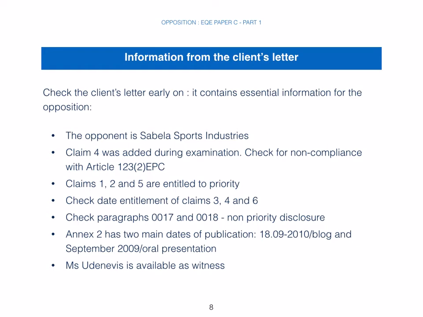We know also that paragraphs 17 and 18 are non-priority disclosures, and we know that, turning over in the client's letter, Annex 2 is a blog on the internet, and it has two main dates of publication: the date of publication of the blog, 18th September 2010, and the date of the oral presentation, September 2009.